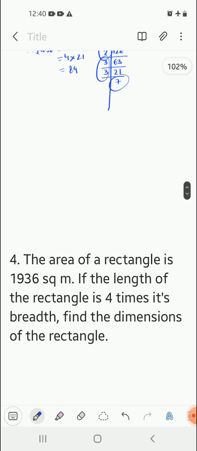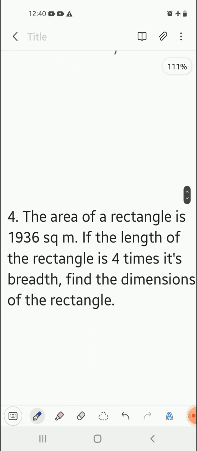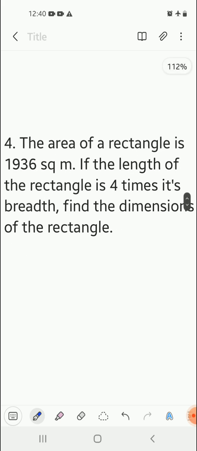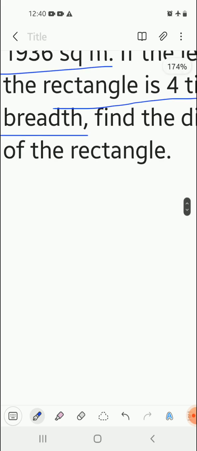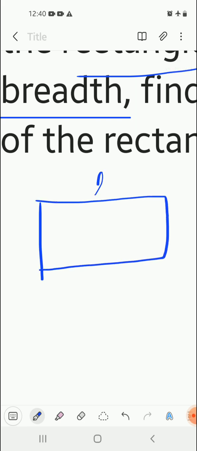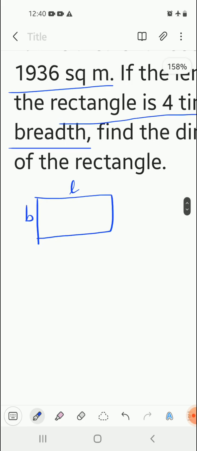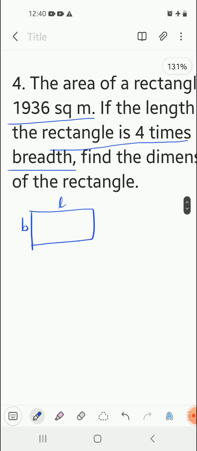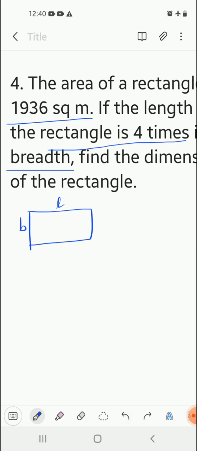Next, moving on, number 4. The area of a rectangle is 1936 square meter. If the length of the rectangle is 4 times its breadth, find the dimensions of the rectangle. See, this is the length and this is the breadth. The formula of area of a rectangle is length into breadth.